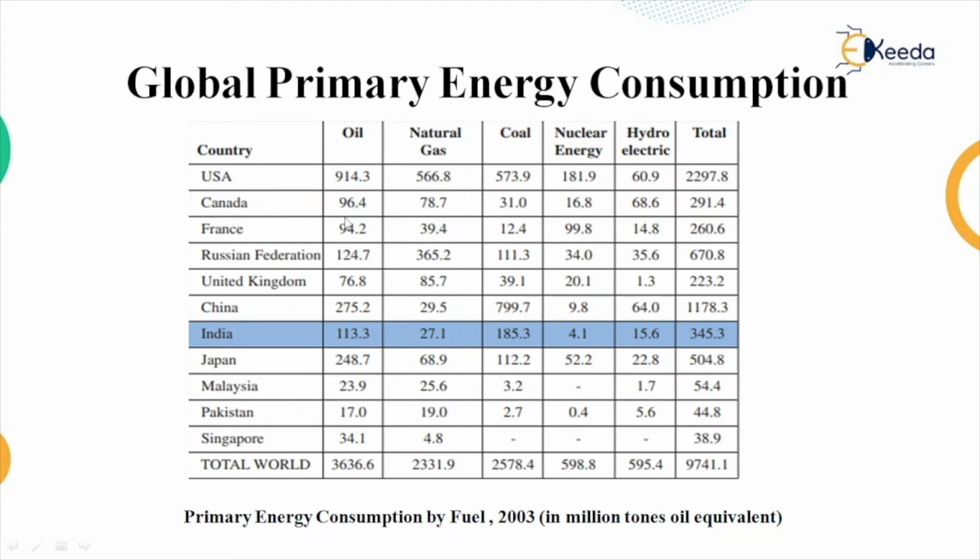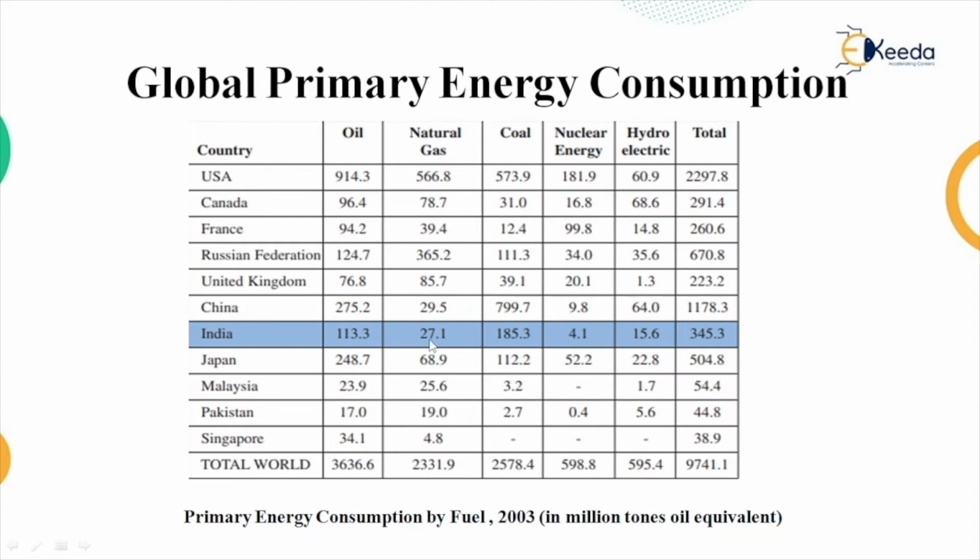Among oil, India consumed about 113 million tons. One ton is equal to 41.86 gigajoule, and joule is the unit of energy.